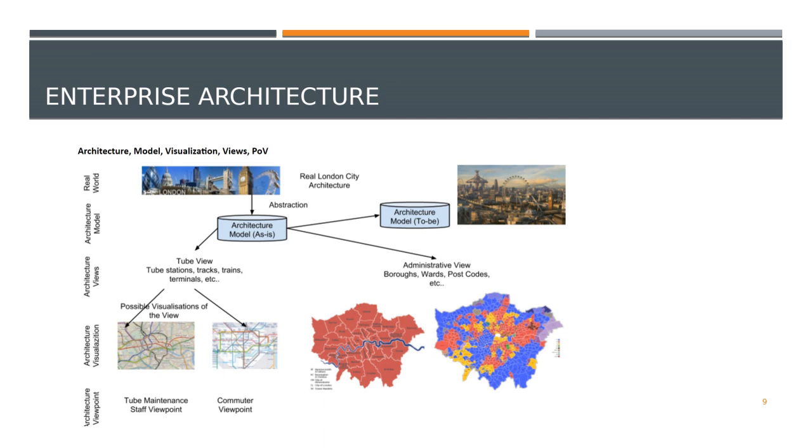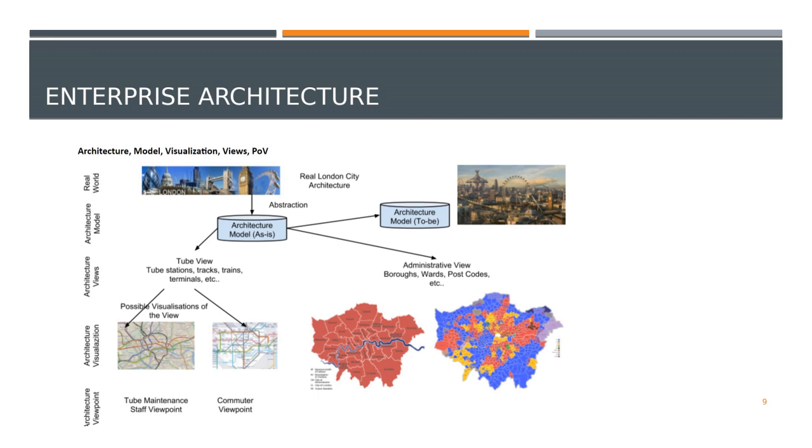So here we have some examples. Here we have the real world company, and we have our architecture. They create a virtual diagram. So you have an architectural model for your, let's say, London branch, okay.